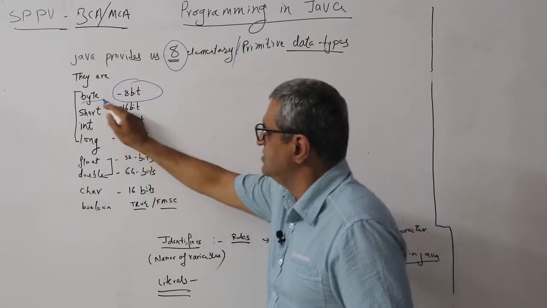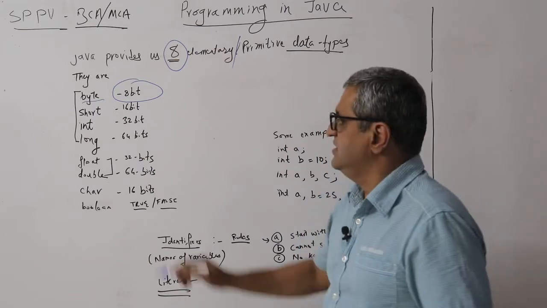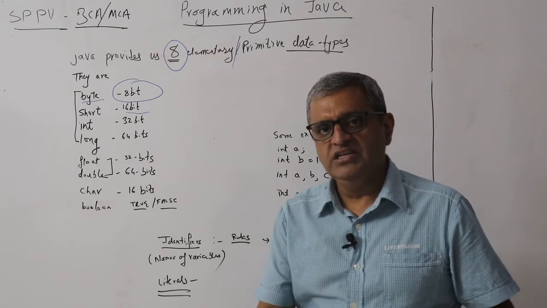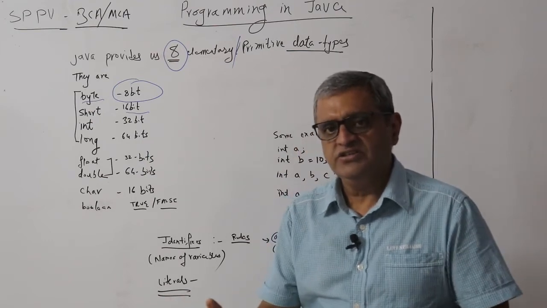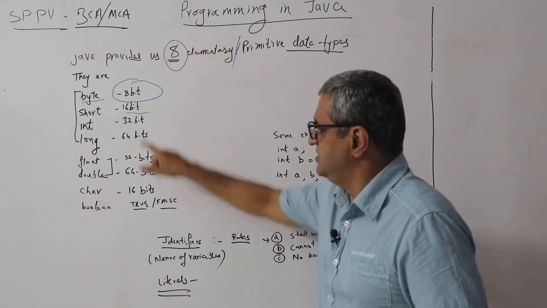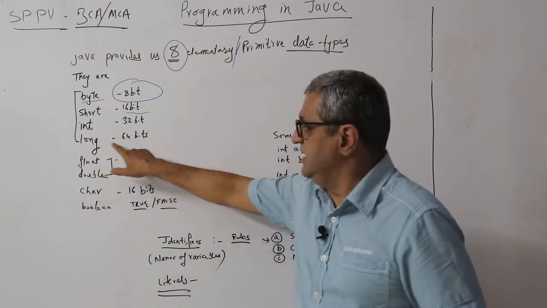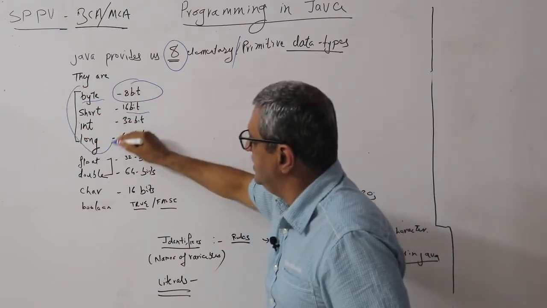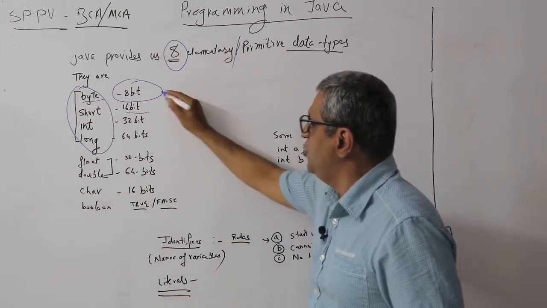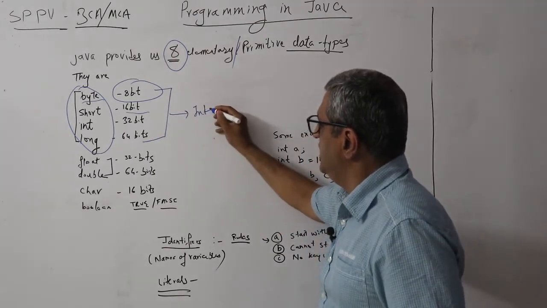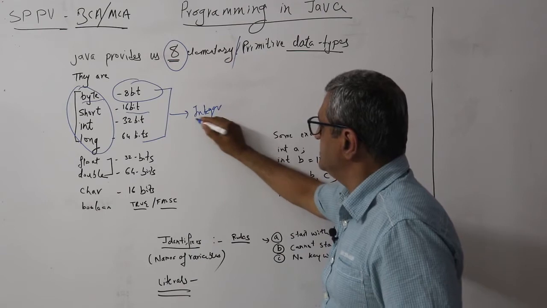So byte has 8 bits, short 16 bits, int is larger than byte and short, it's 32 bits, long is 64 bits. Now byte, short, int and long all store integer type of data.